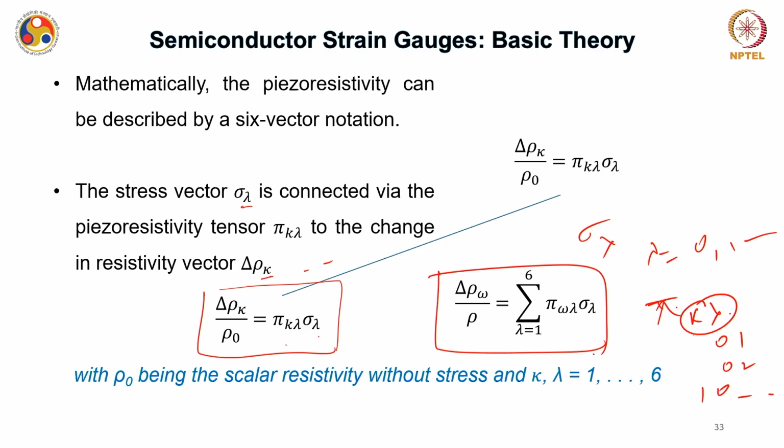So, this gives you a better idea. del rho omega by rho is the sum over lambda from 1 to 6 of pi omega lambda into sigma lambda, and this is for one particular omega.